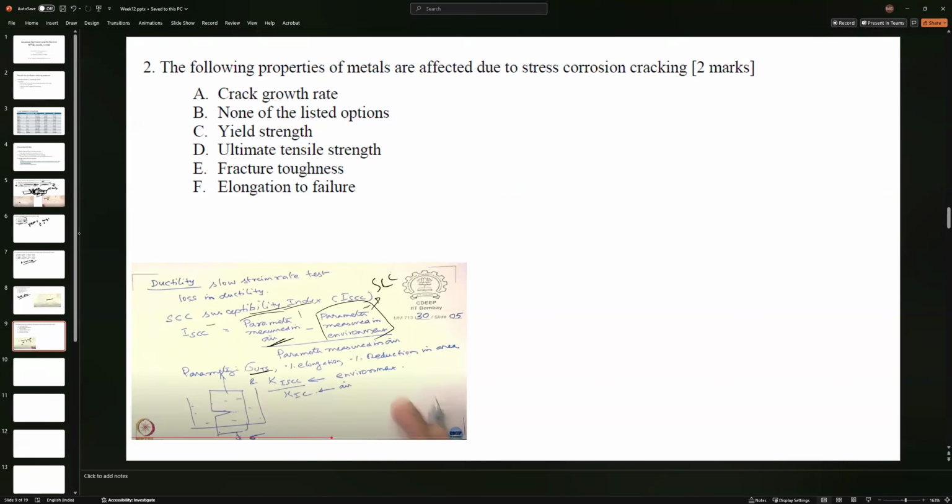Here it is changing the ultimate tensile strength, the elongation or reduction in area. Any of these parameters you can use. So ultimate tensile strength, elongation, fracture toughness, it will affect, and crack growth rate. Yeah, I think it was like what we think.